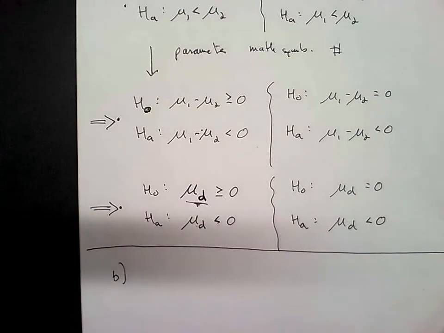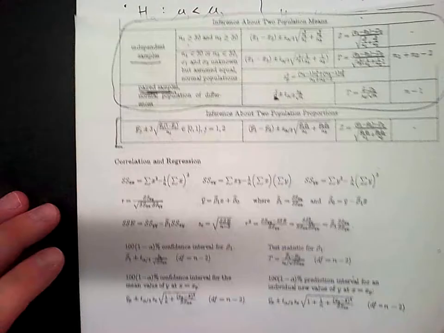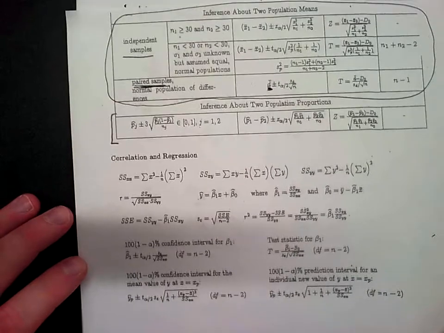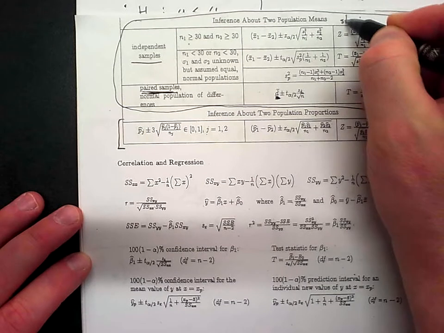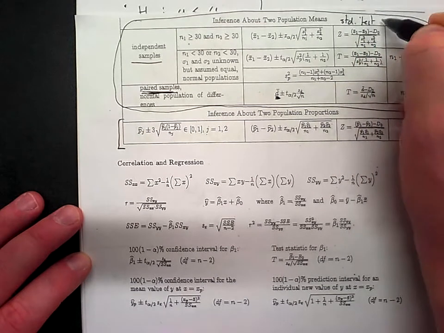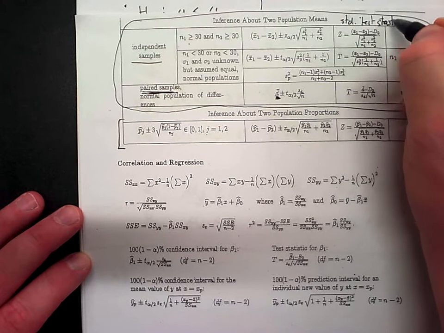Part B is going to ask us to find our standardized test statistic. All right, so we already know that here, I only copied part of the formula sheet. This is the part of the formula sheet that we're going to be using here today. But up here, this column up here, this is our standardized test statistic.